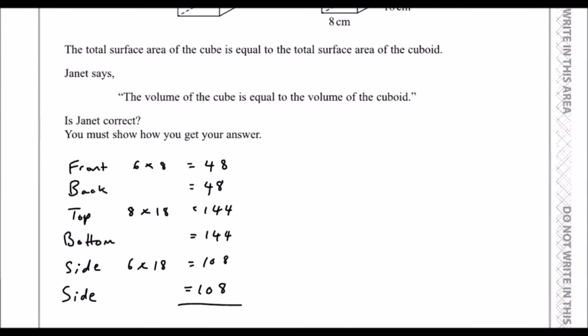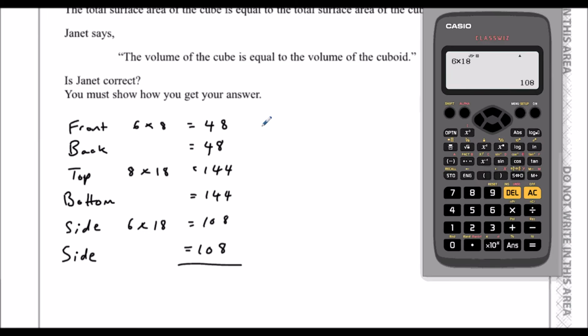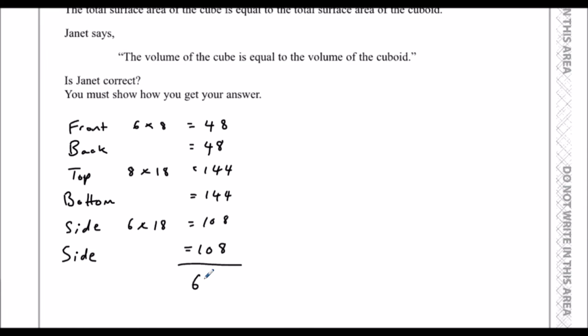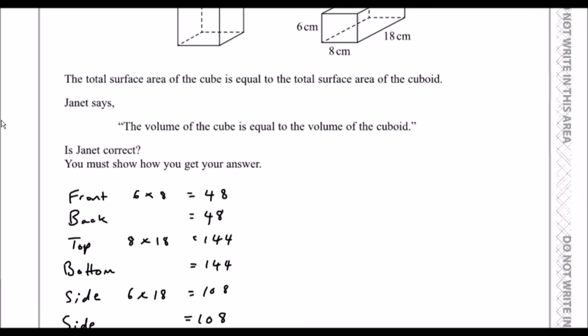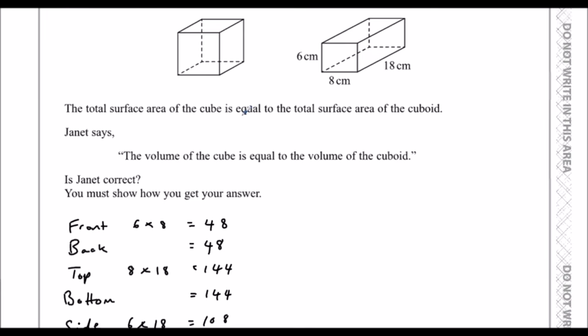So in total, the total surface area is 2 48s plus 2 144s plus 2 108s, and that's 600. So 600 centimeters squared. So that's the total surface area of the cuboid.